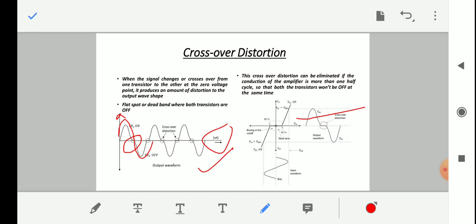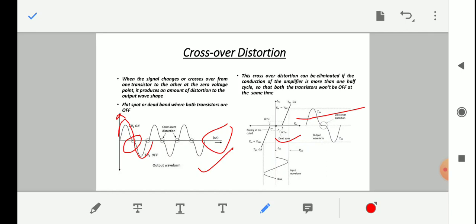This can be explained better by this picture, which represents that when the input voltage is less than 0.7 volt, the transistor T1 will not conduct, and when the input is greater than minus 0.7 volt, the transistor T2 will not conduct.